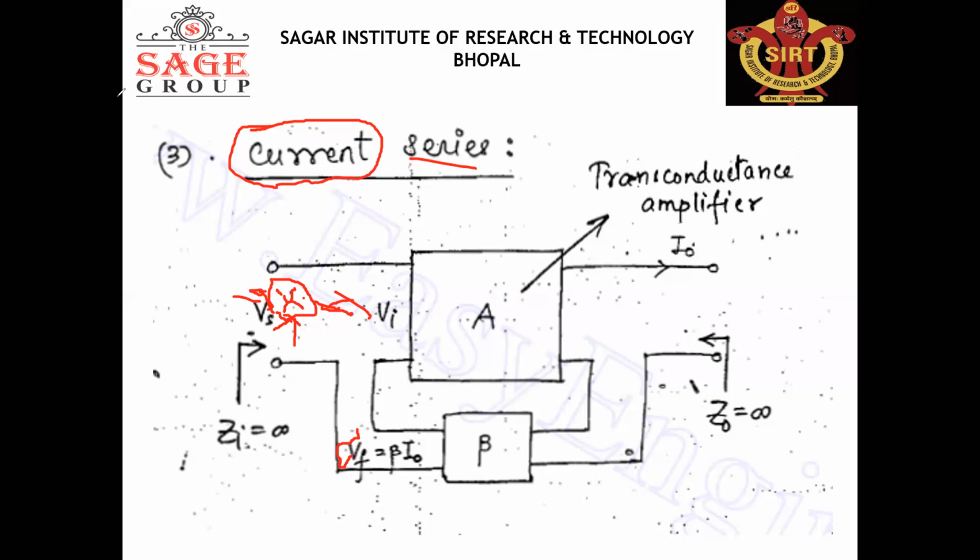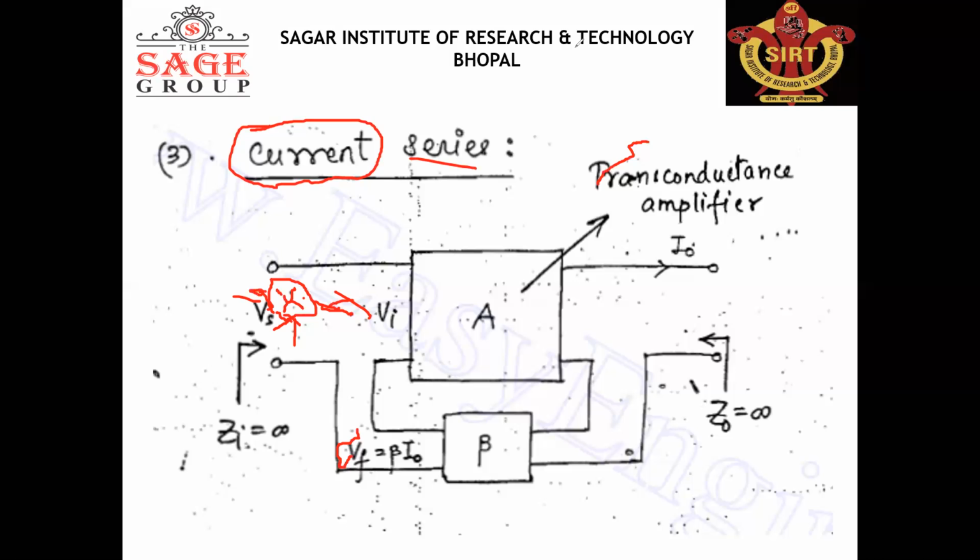So that's why it is known as a current series amplifier, and this is known as a transconductance amplifier because the output is current and input is voltage. So I upon V, current upon voltage, is known as transconductance. So this is known as a transconductance amplifier.